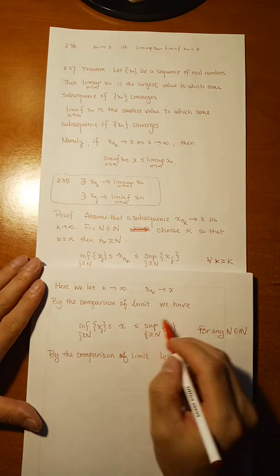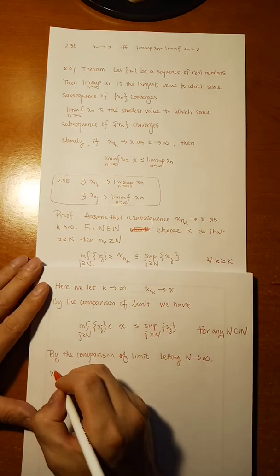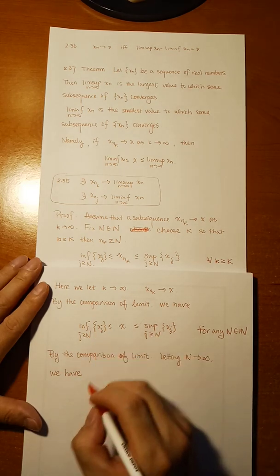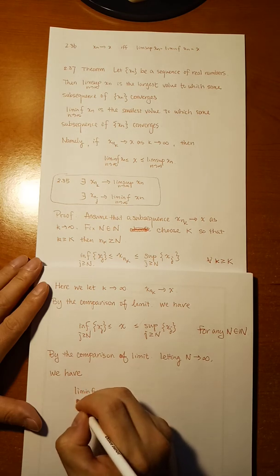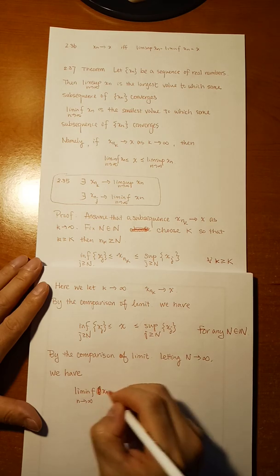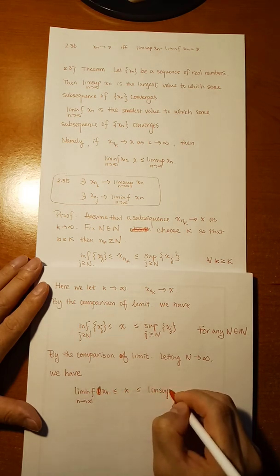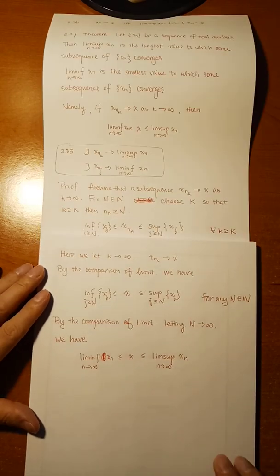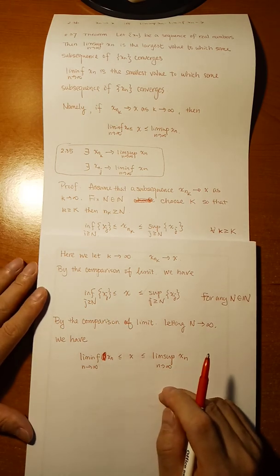When we let n approach infinity, this one has a limit. It's a decreasing sequence. Here is decreasing, here is increasing, then this becomes the lim inf of xn as n approaches infinity, and the lim sup of xn as n approaches infinity. Okay, so this is what we want.